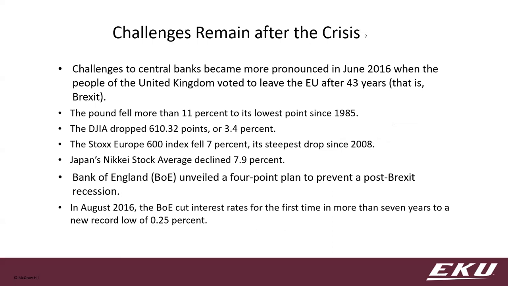Then once the EU started to get things back under control, Brexit happened. This has caused a lot of disruption, and as you can imagine, these central banks again have to work together to figure this out.